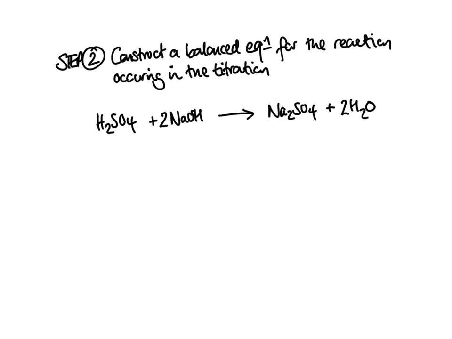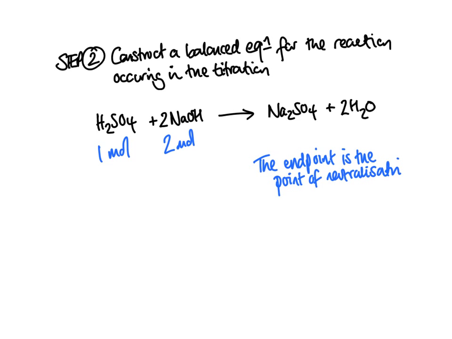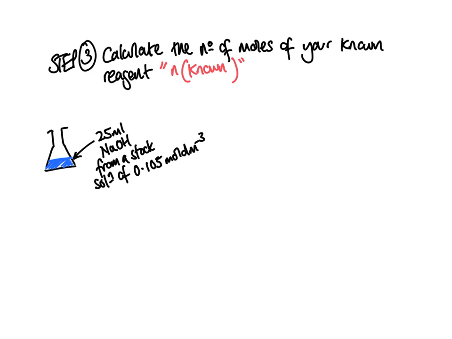The important relationship here is that for every 1 mole of sulfuric acid, we are going to be reacting it with 2 moles of sodium hydroxide in order to cause neutralization, as this is what is happening at the end point to show the colour change.